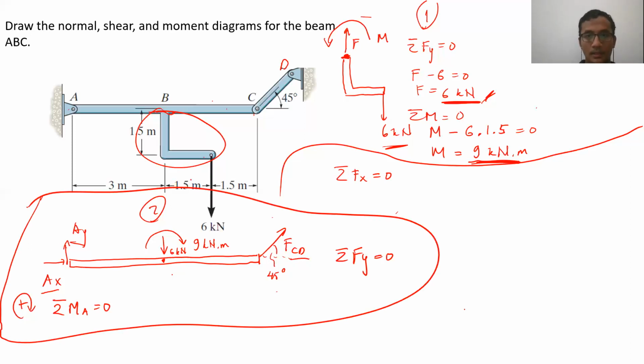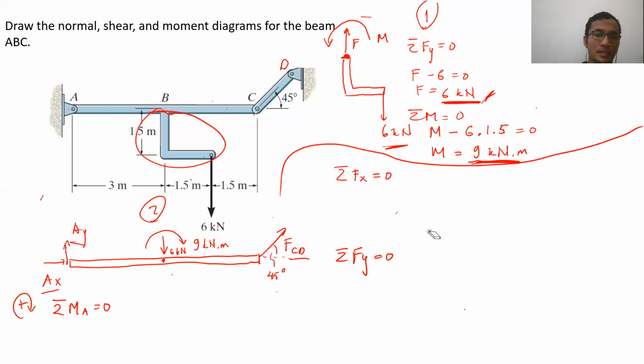Okay, as usual, we have three equations: sigma moment, sigma Fx, and sigma Fy. Sigma moment at point A, what will I get there is 6 kilonewton at point B. So the distance here is 3 meters, and the distance here another 3 meters. So 6 multiplied by 3.